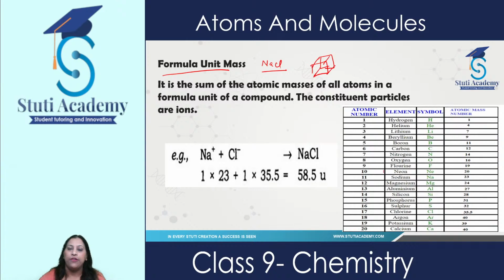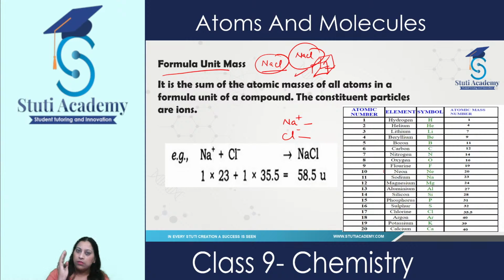So it is a combination of Na and Cl. So we'll not write that this many sodium ions are present, or this many chlorine ions are present. We always write the formula NaCl. So we need to calculate the formula unit mass with the help of this formula only.